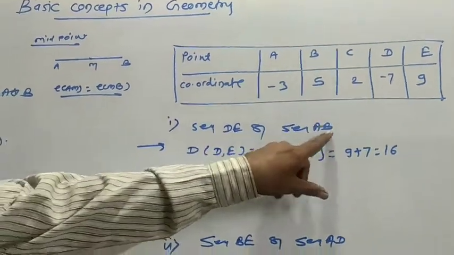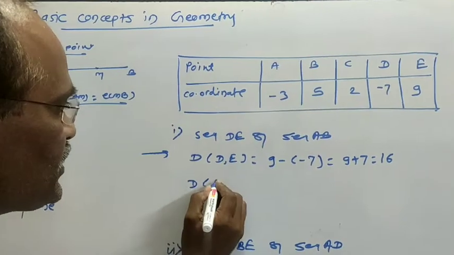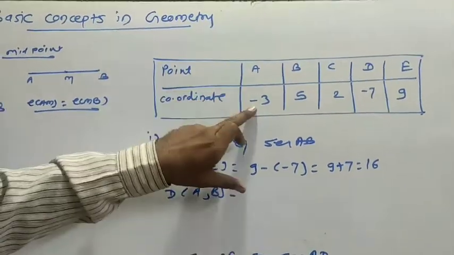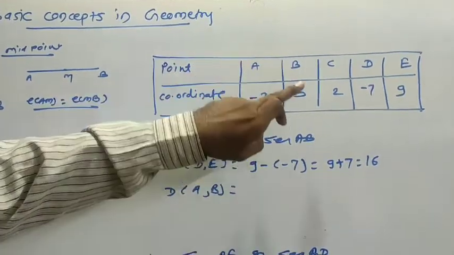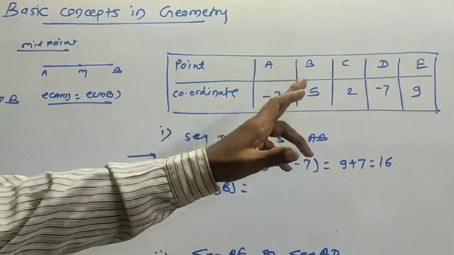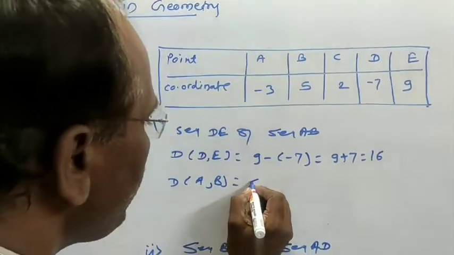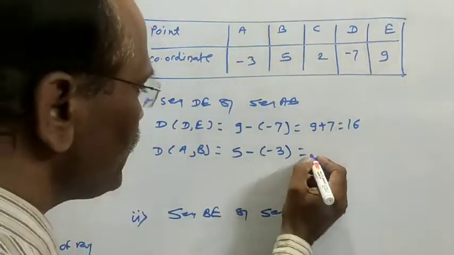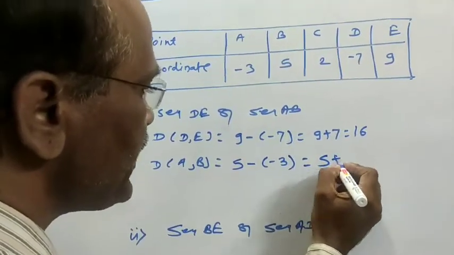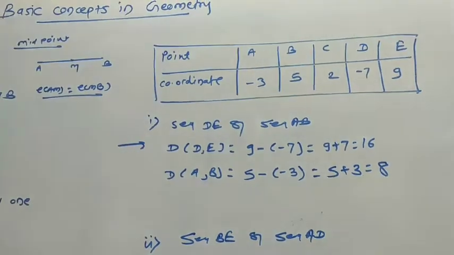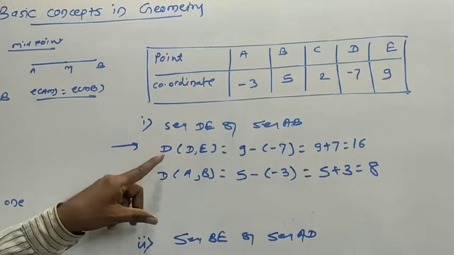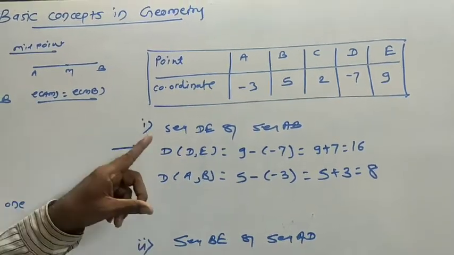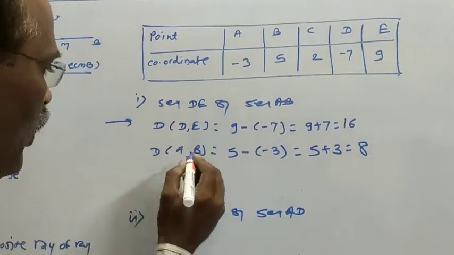And for segment AB, coordinate of point A is -3, coordinate of point B is 5, which is bigger. 5 minus -3 means 5 plus 3, which is 8. In this case their distances are not equal.